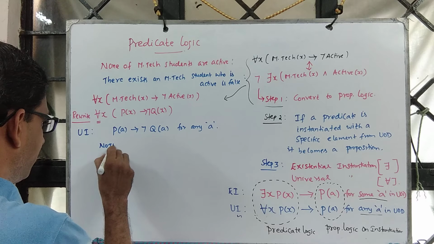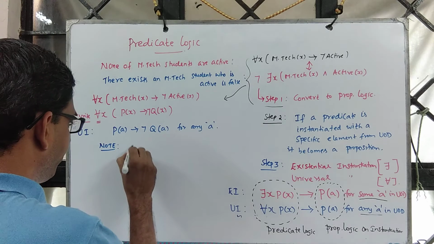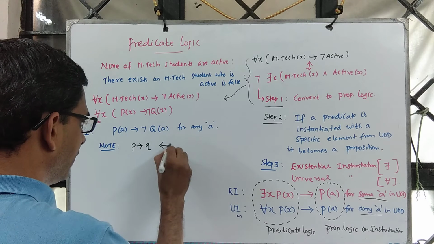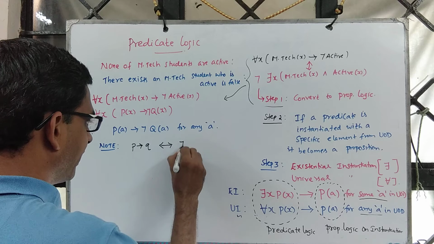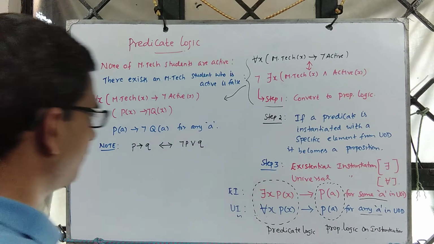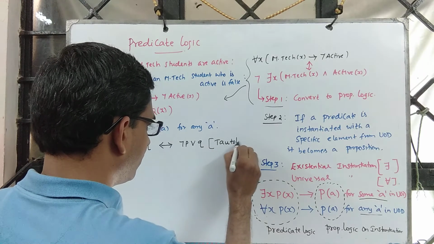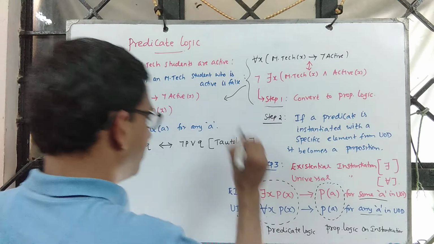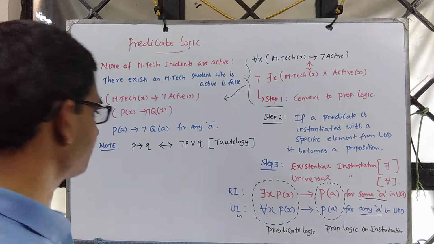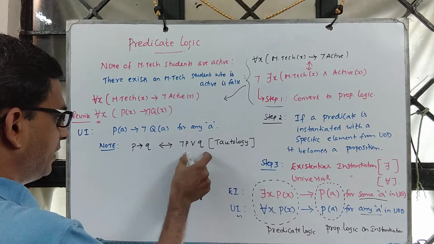Note that we know P implies Q is equivalent to writing negation P or Q. This we have proved is a tautology. Refer to our earlier lecture videos or the scribe. Which means this can be replaced with this.